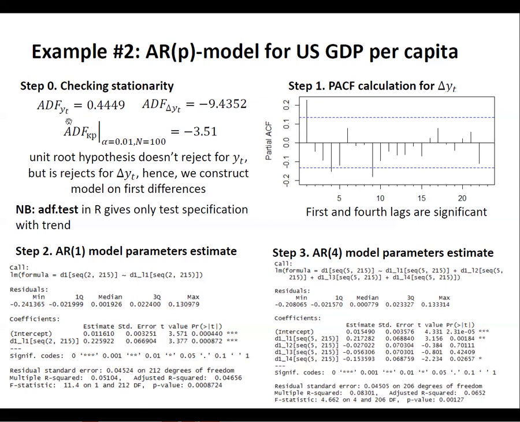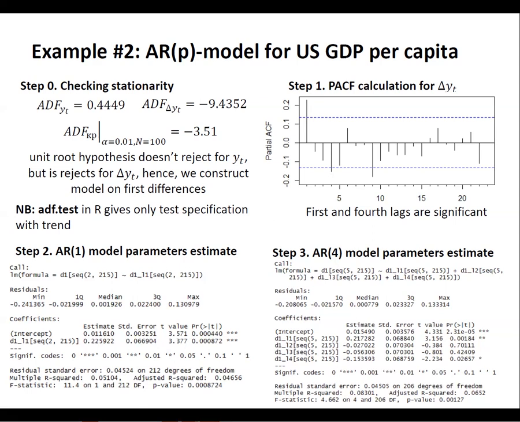ADF gives us the value for Yt, the original series, 0.44. For the first difference, delta Y, ADF gives us minus 9.4. At the same time, the critical value of the ADF test is minus 3.5 at 1% level for a given number of elements in the series.